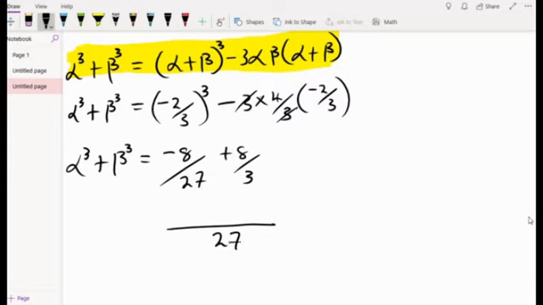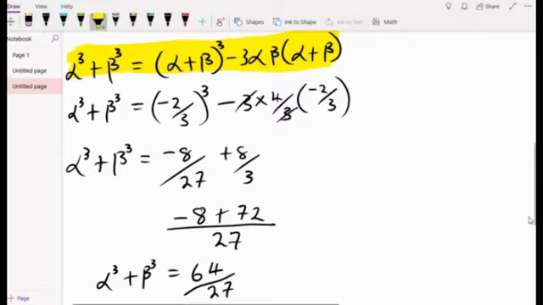So 27, that is 1 times minus 8. So plus 3 into 27 is 9 times 8 is 72. So finally our alpha cube plus beta cube is going to be minus 8 plus 72. That's going to be 64. Yes, 64. 64 divided by 27 is our answer.